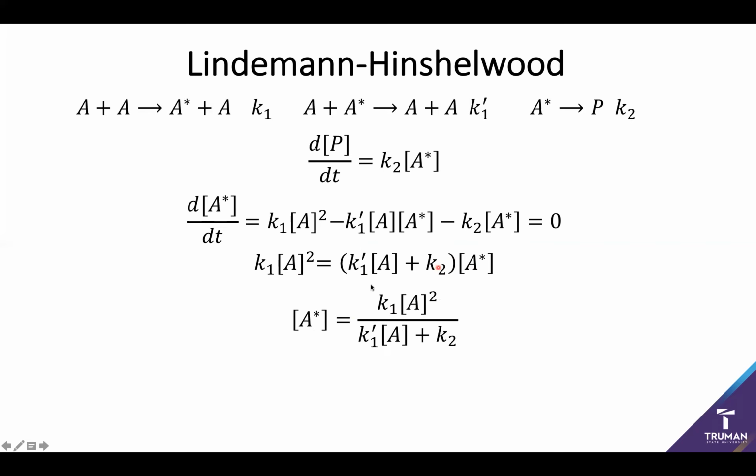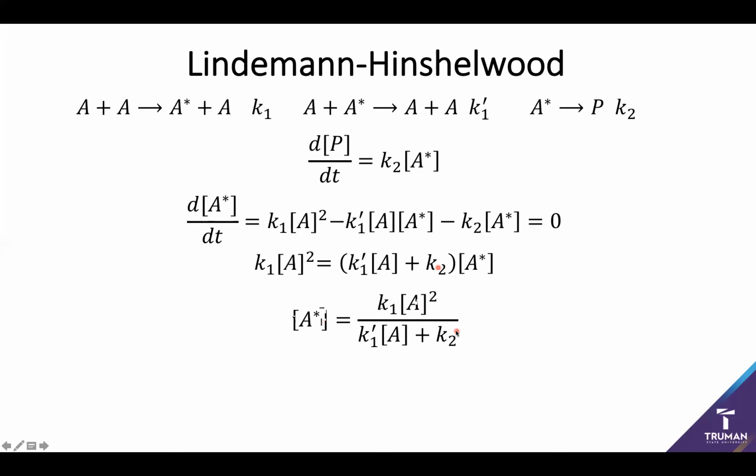So this gives me a unified expression for the steady state concentration of my high energy intermediate, with again a dependency upon the concentration of my reactant, because again, more reactant, we would typically expect more high energy intermediate, and again, the three rate constants.